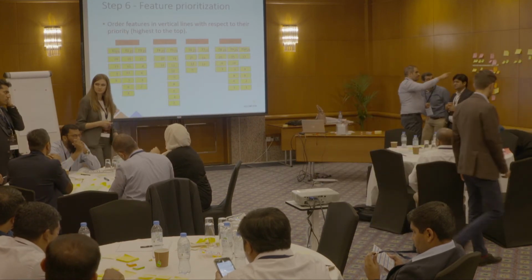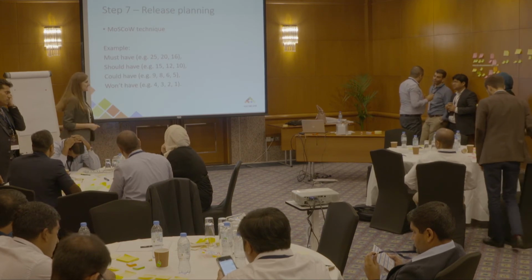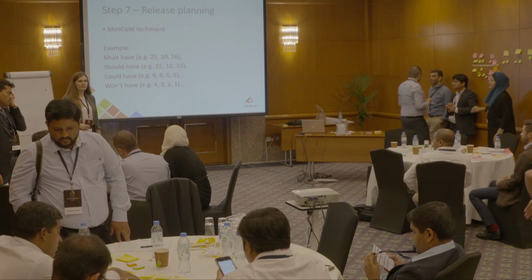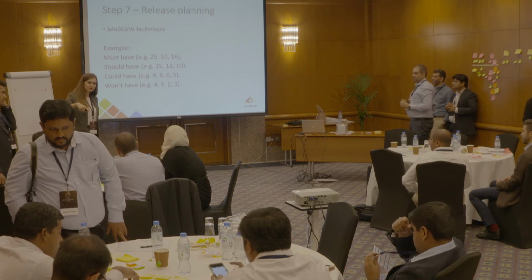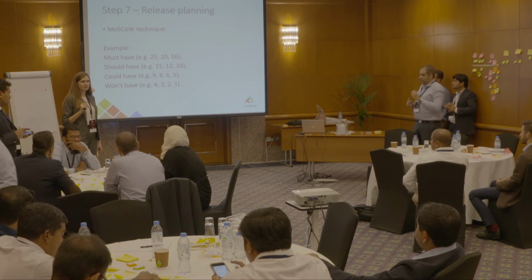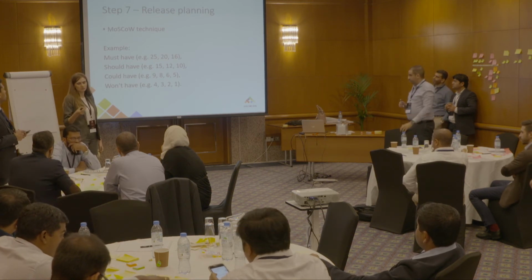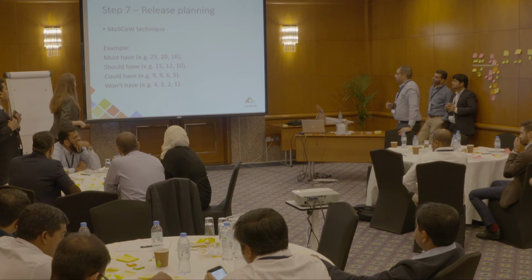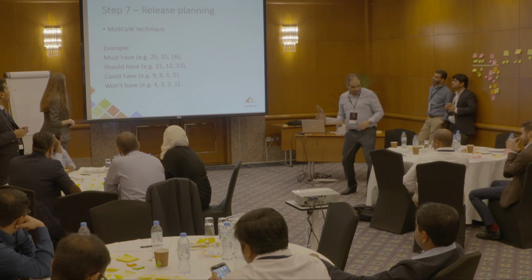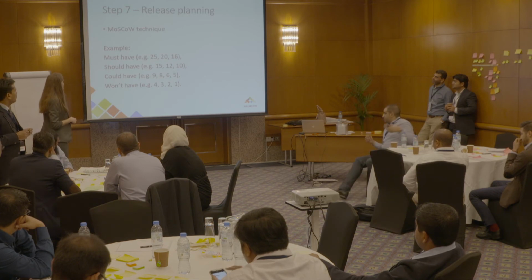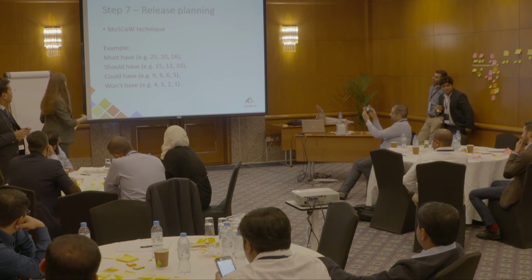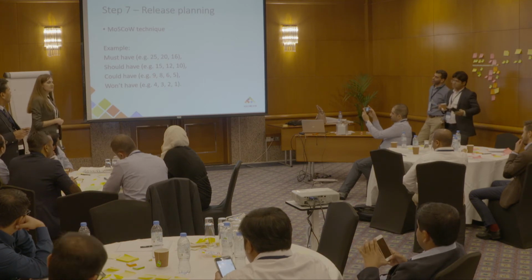Let's continue. The next step is, now we want to divide the story map with respect to priorities into 4 releases, let's say. If this was a startup, if we were building a product from scratch, which in most cases we do, then the first line would be must have. We would apply the MoSCoW technique, which means we will have in our story map stories that are must have.